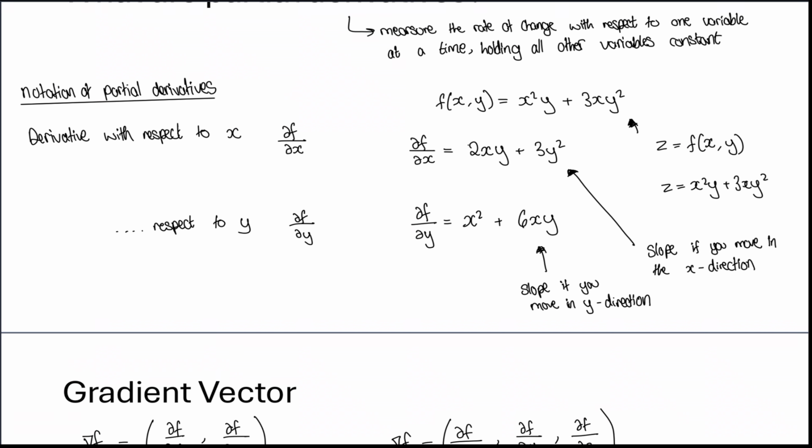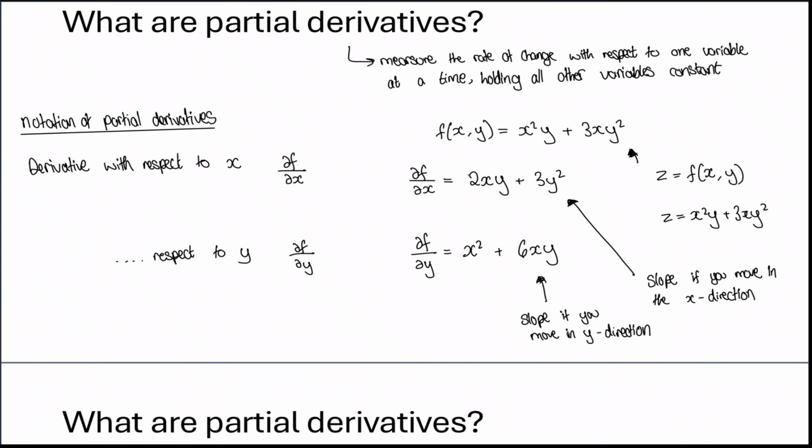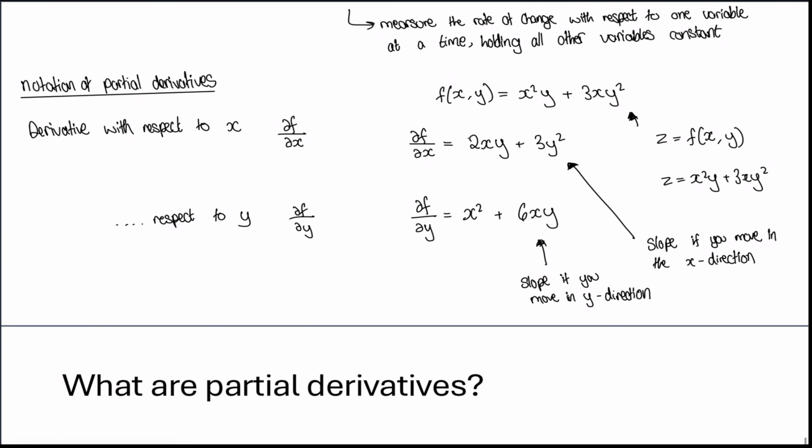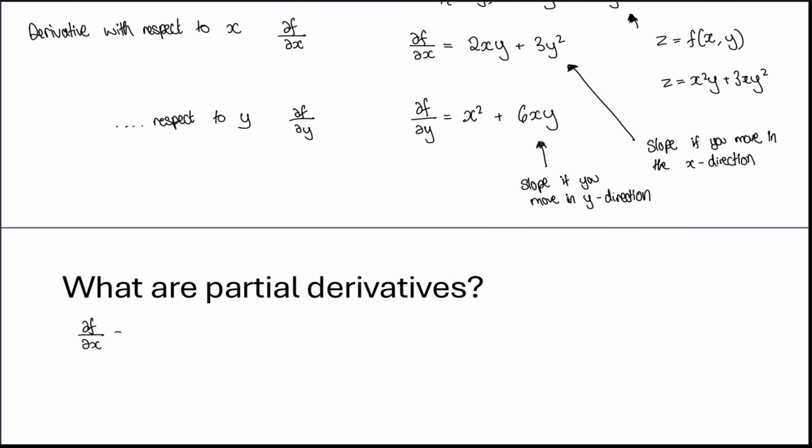What we also can do with partial derivatives is find higher order partial derivatives. So we could partially differentiate this again with respect to x. When we differentiate partially with respect to x once, we get 2xy plus 3y squared.